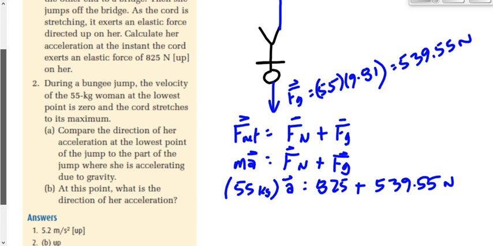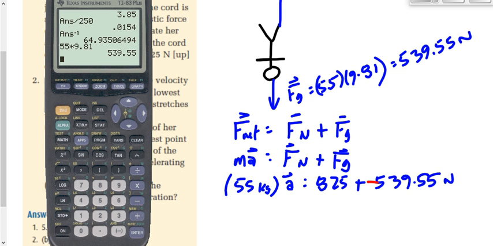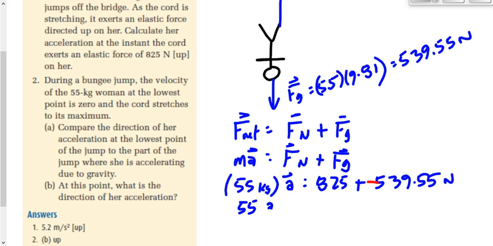Is that good? Haley, is that good? Or am I missing anything? Yes, good. Force of gravity is negative because it's acting downwards, right? So let's say, what do we got here? 825 minus 539.55, that's 285.45.